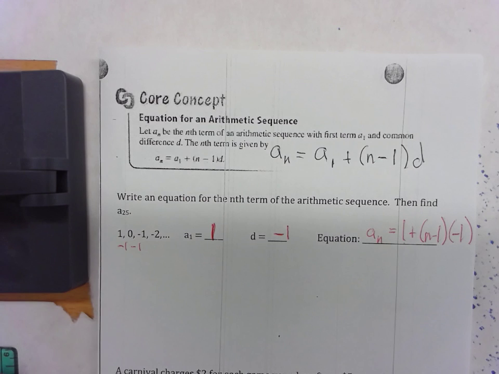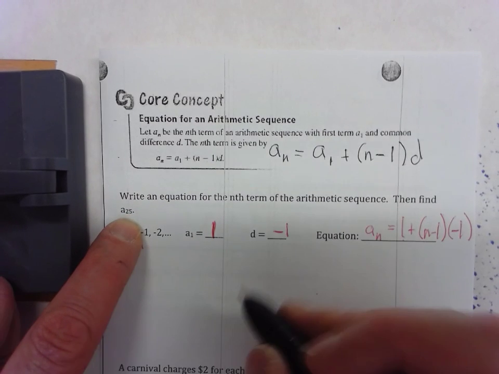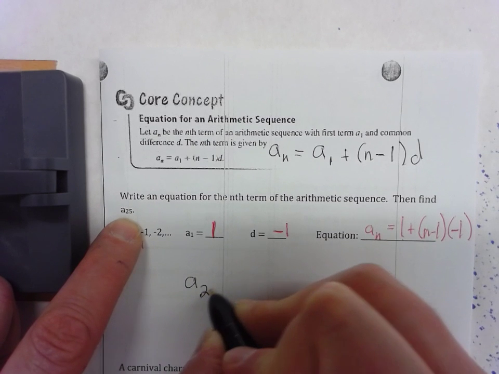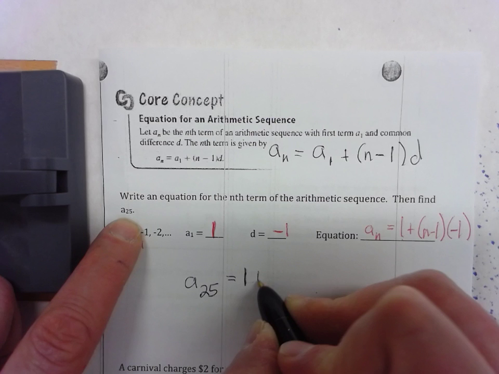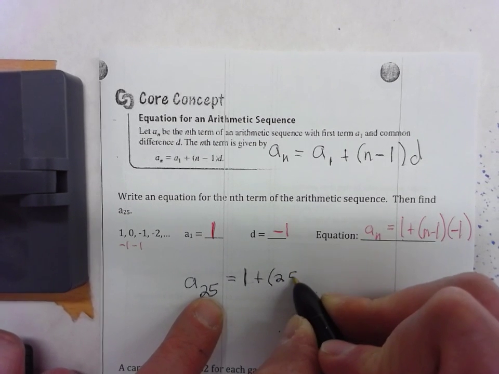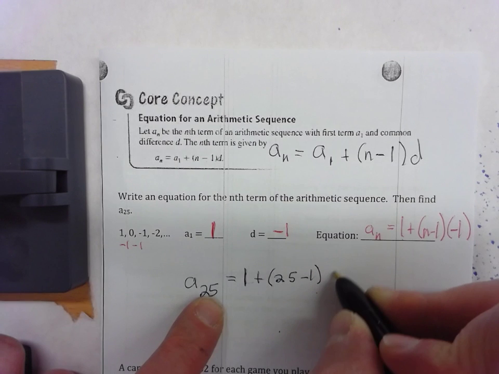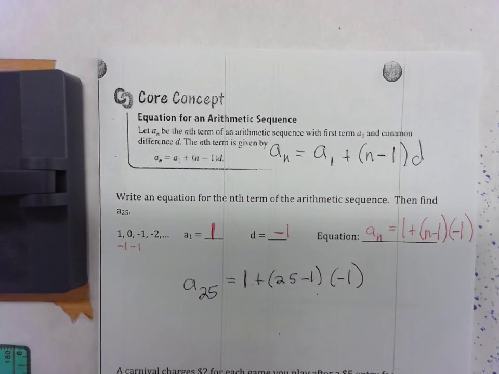That 1 is your first term. If I'm looking for the 25th term, A25 is equal to the first term plus the n value minus 1 times the common difference. Remember that common difference is the last one right there.